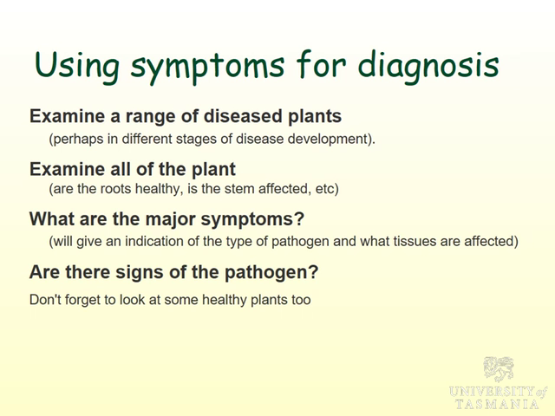You want to see what is the spectrum of symptoms you've got. You want to examine all of the plant too. So you want to know not just the leaf spots, but what about the roots? What about all the other parts? What about the other bits that are affected? You want to understand what are the major symptoms, what tissues are affected, and also see whether there's any signs of the pathogen present.